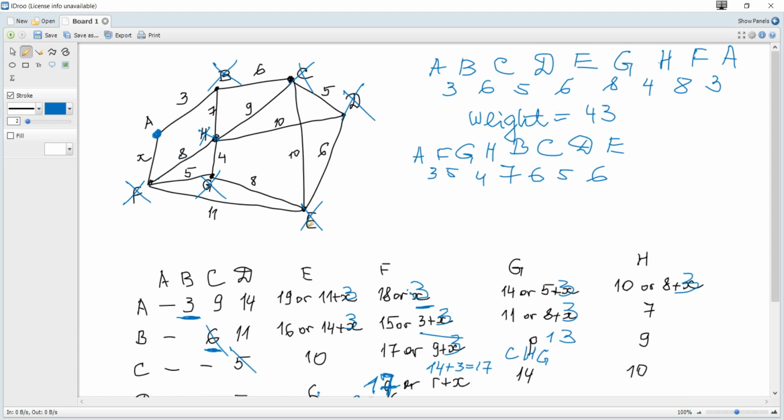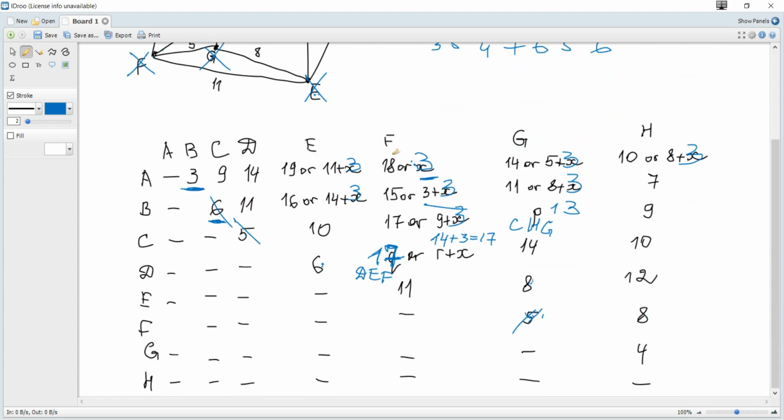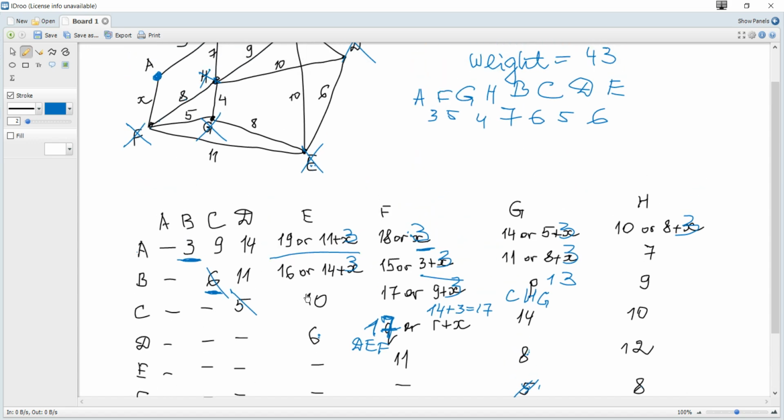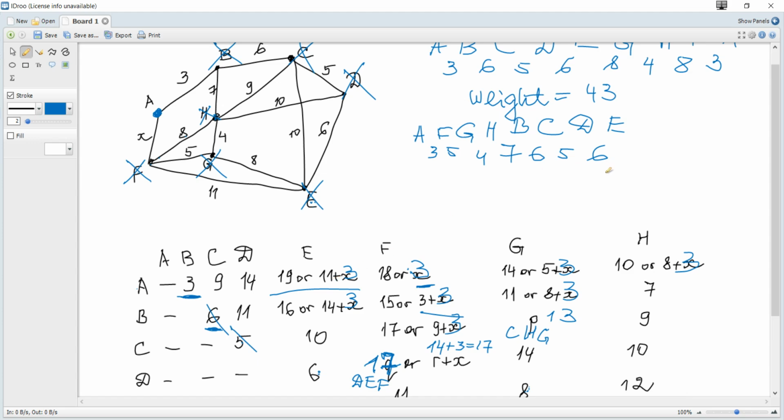And you can see that it's the last one, and we need from E again to the starting point A, and from E to A the shortest route is 3 plus 11 or 14, and it's through F, so it becomes EFA and 14 in total.